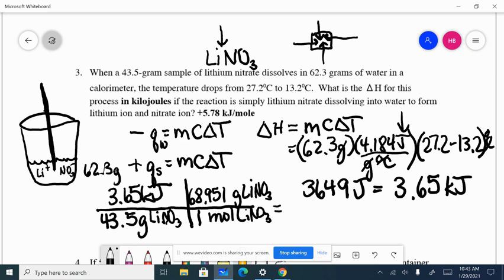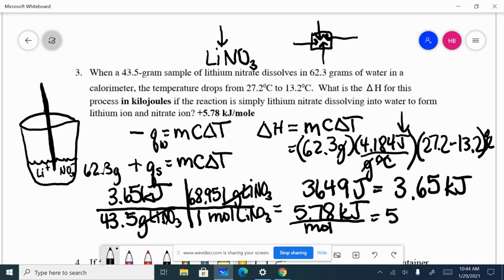Really, the answer you get would be kilojoules per mole, because grams will cancel out, and that's a more general form and a more useful bit of information about lithium nitrate. And you end up getting 5.783 sig figs kilojoules per mole.